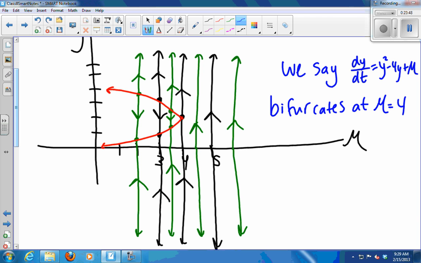Maybe N was one of the parameters, the person's natural cholesterol level. That might have some influence on how many equilibrium points there are, and whether or not it's possible to lower your cholesterol.